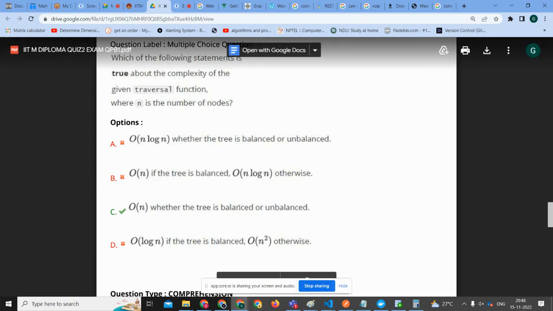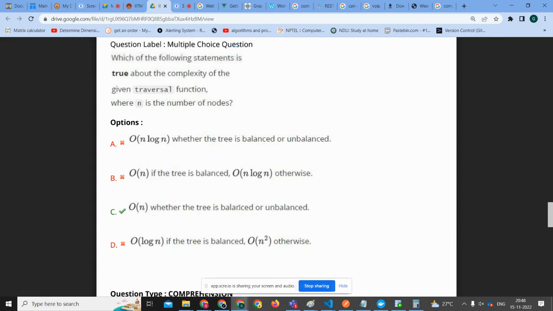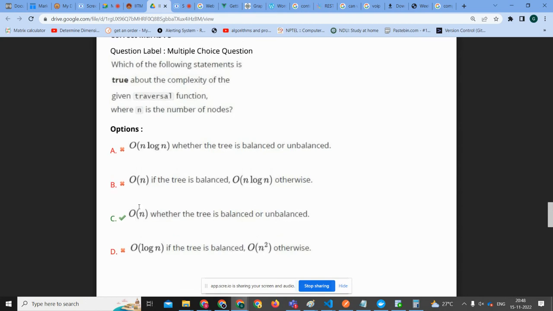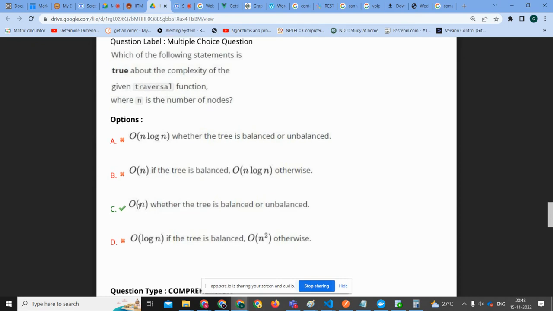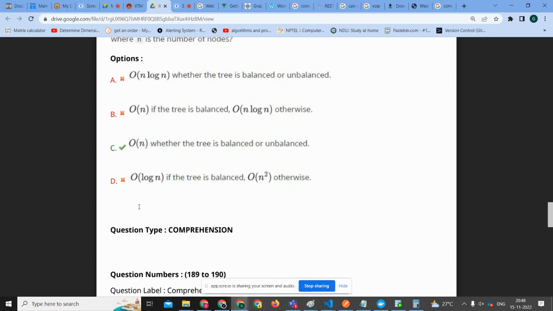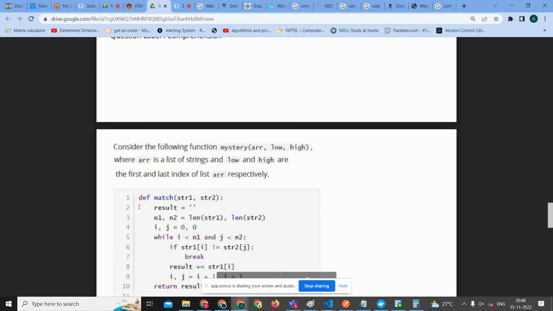Given the traversal function, for traversal it's big O of n because we have to traverse every node, whether it's balanced or unbalanced. Absolutely. Mahi got it? Yes.